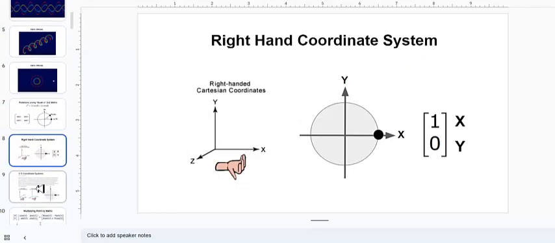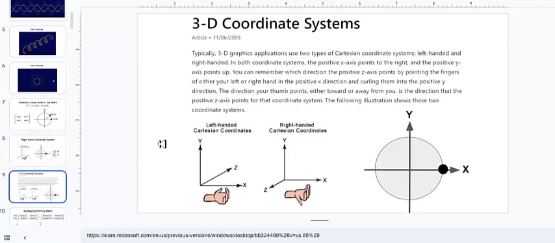So let's just talk about coordinate systems for a second. Typically, 3D graphic applications use two types of coordinate systems, left-handed and right-handed. In both coordinate systems, the positive x points to the right and the positive y points up. You can remember which direction positive z points by pointing the fingers of either your left hand or your right hand in the positive x direction, as I showed you, and curling them into the positive y direction.